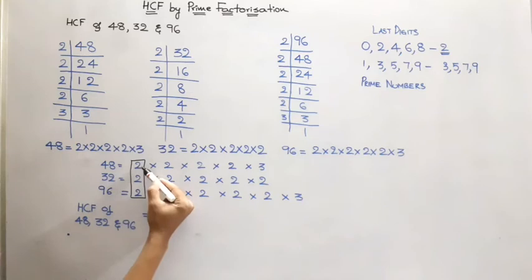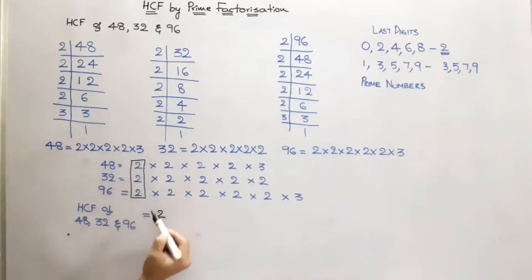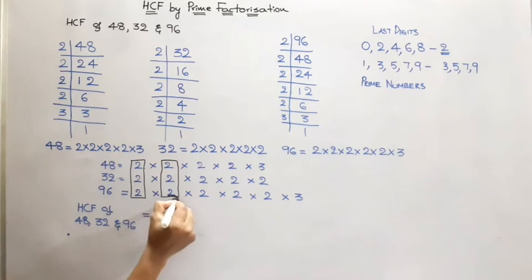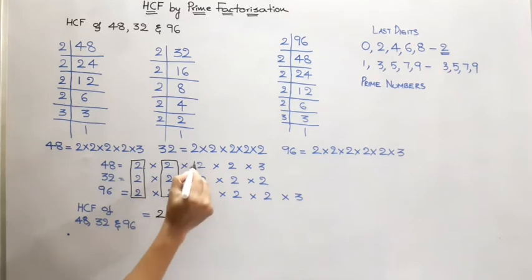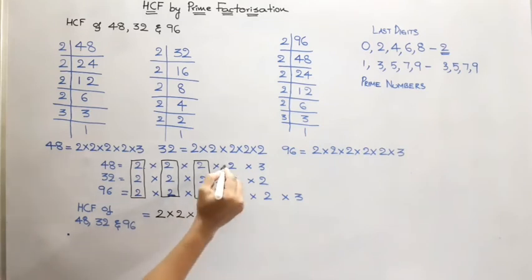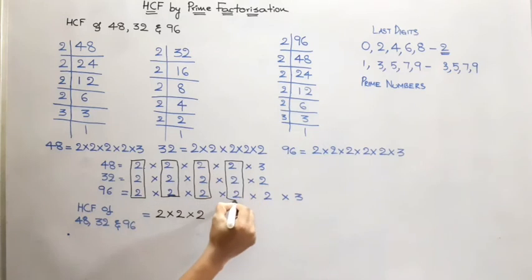See, 2 is in 48 and in 32 and in 96. Hence, I am taking one 2. In the second step also we have 2s in all the given numbers, so a second 2. Next, here also we have 2, from which we can take one 2.